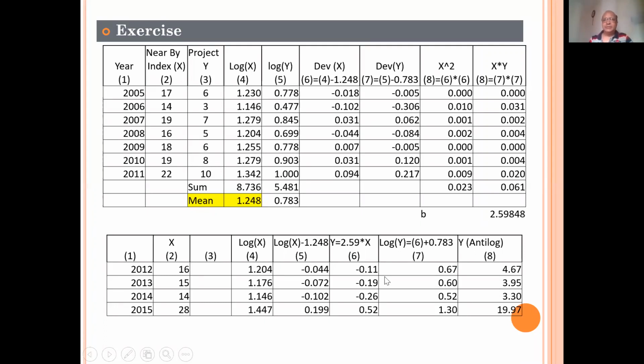This b we determine. Then y is equal to column 6 times b. This value will be added with 0.783, and we take anti-log, and then we can determine runoff of site y. So this is another method that can be used.